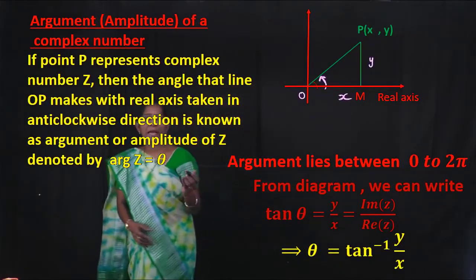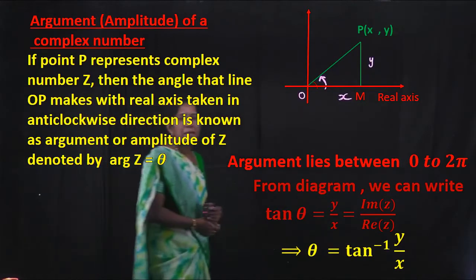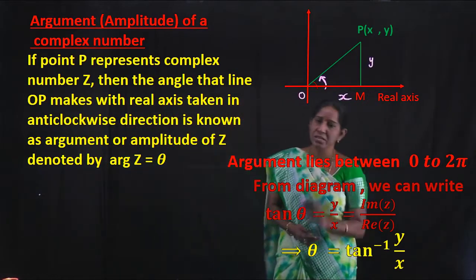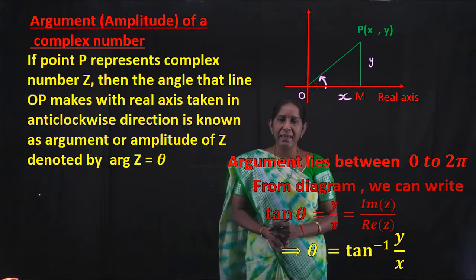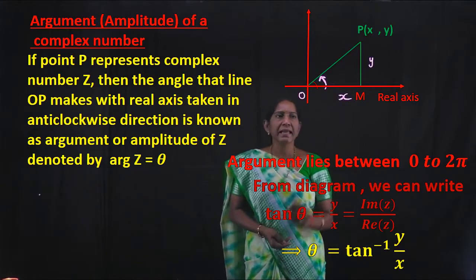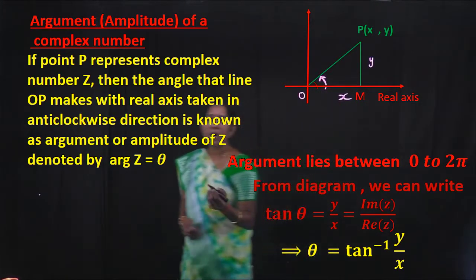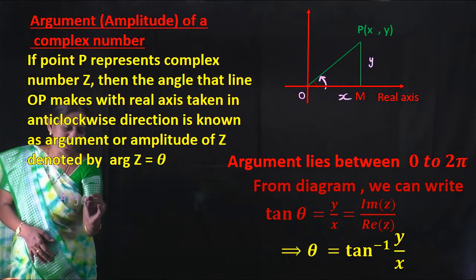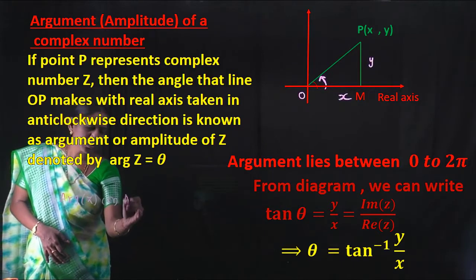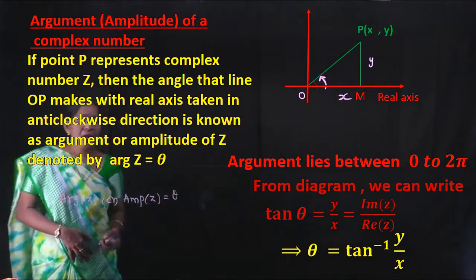Argument or amplitude of a complex number. If point P represents complex number z, then the angle that line OP makes with the real axis, taken in anti-clockwise direction, is known as argument or amplitude of z, denoted by arg z or amplitude of z, that is equal to theta.